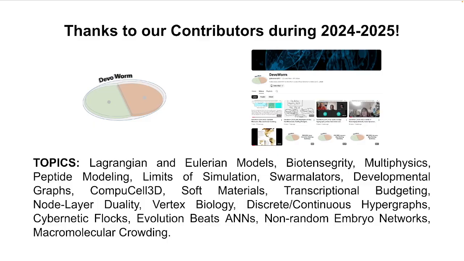We covered a number of topics this year, including Lagrangian and Eulerian models, biotensegrity, multiphysics, peptide modeling, the limits of simulation, something called swarmalators, developmental graphs, CompuCell3D, which is a modeling platform, soft materials, transcriptional budgeting, node-layer duality, vertex biology, discrete and continuous hypergraphs, cybernetic flocks, evolution beating artificial neural networks, non-random embryo networks, and macromolecular crowding, among many other topics.